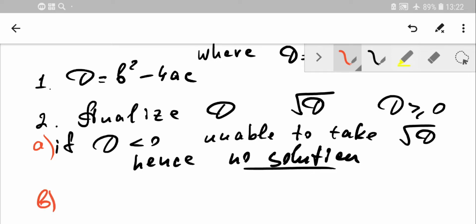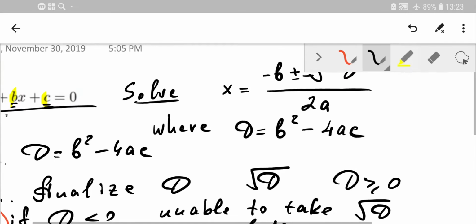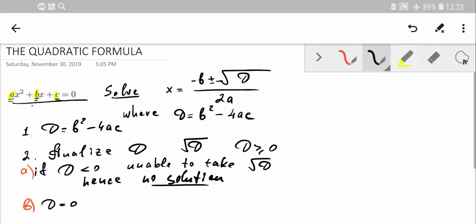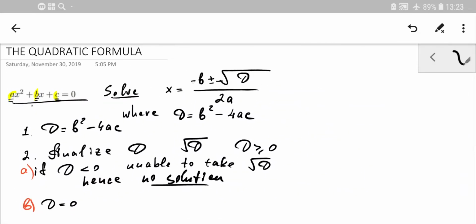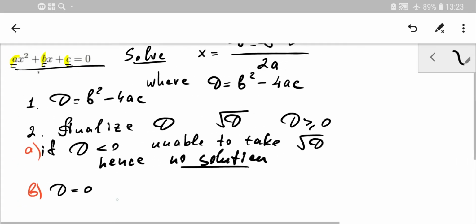Case 2, if d is 0, then according to the formula you just take minus b and add or subtract 0. So you subtract or add nothing. That's why your solution is a single one.